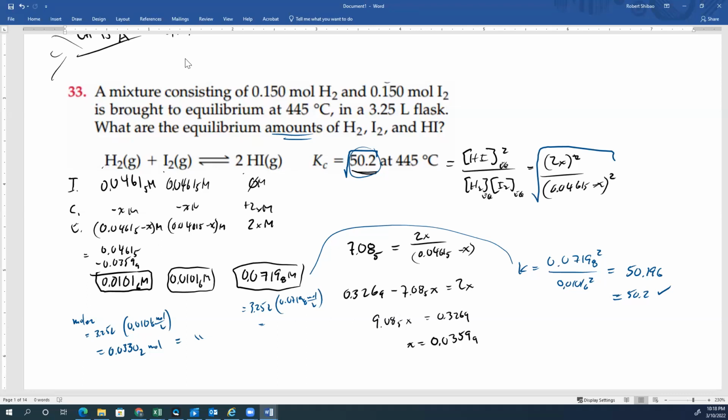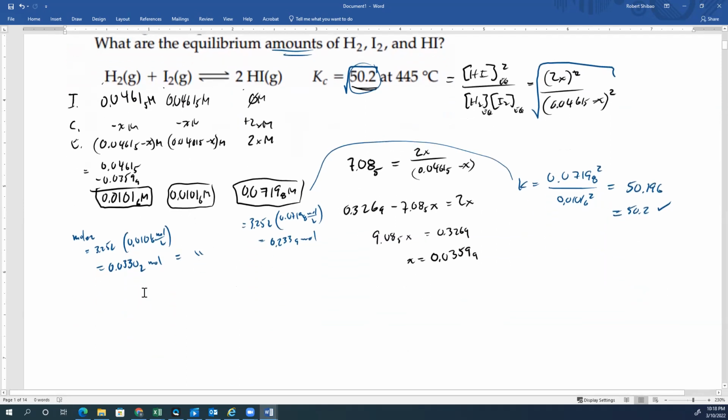3.25 times 0.07198. That gives us 0.2339. Okay, then we round it to the proper number of sig figs. I always like to show the rounding step, and I'd like you guys to show the rounding step as well. I want to see how you rounded it off.